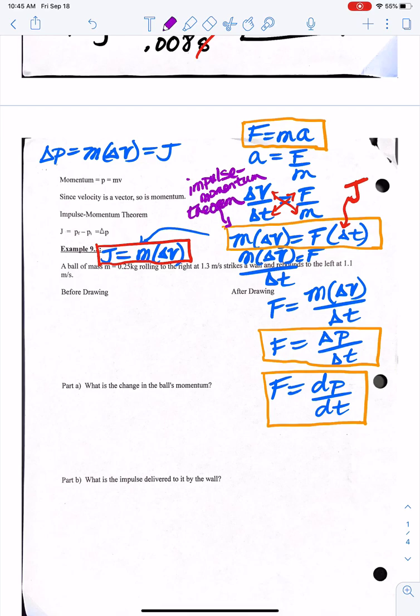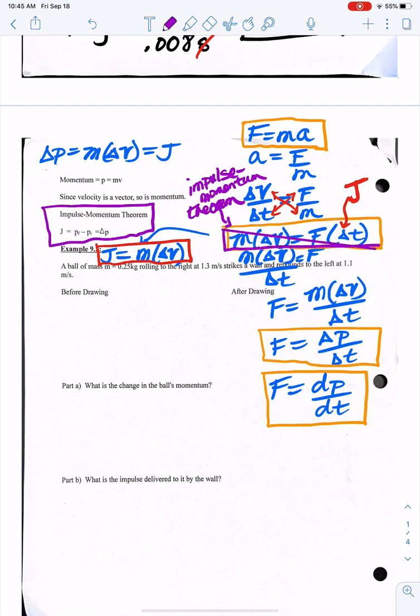You can see it right here, the impulse-momentum theorem is that J is equal to the change in momentum. There are a couple of ways to write it. If you asked me for the one way I would write the impulse theorem off the top of my head, it would be m delta v equals F times delta t.